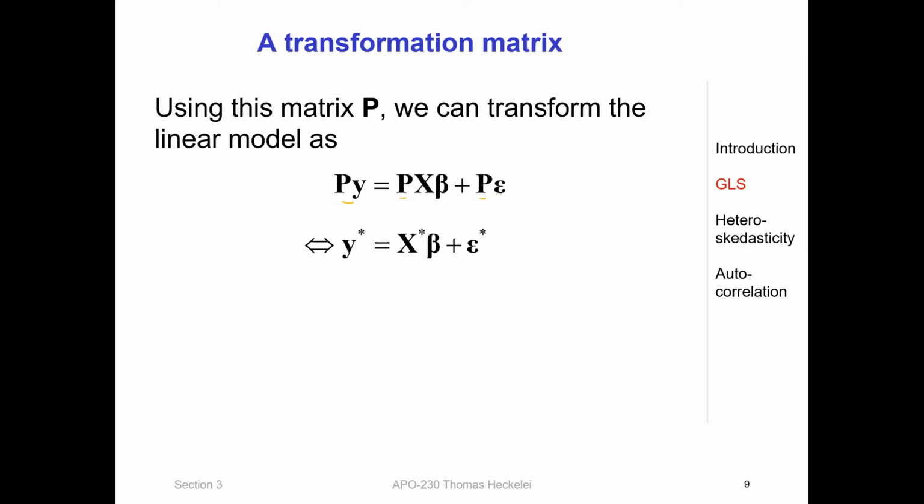So you could write it as y star equals X star times beta plus epsilon star, with y star equals P times y, X star equals P times X, and then epsilon star equals P times epsilon.